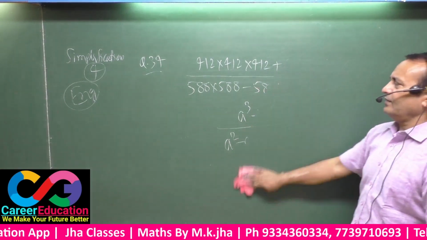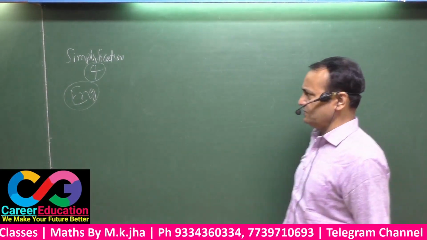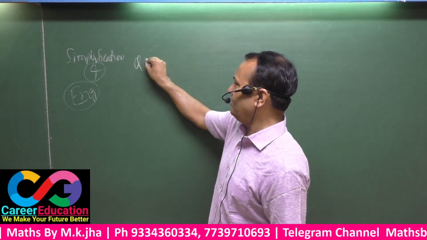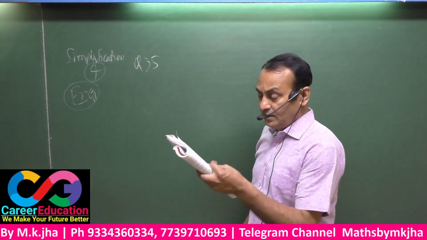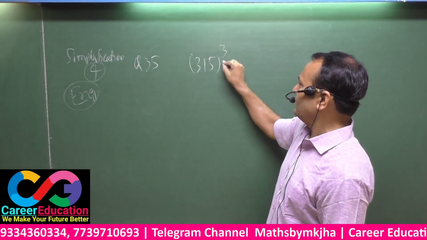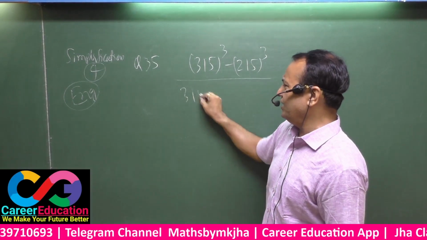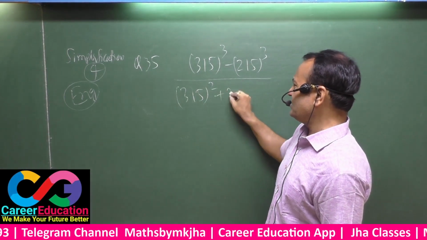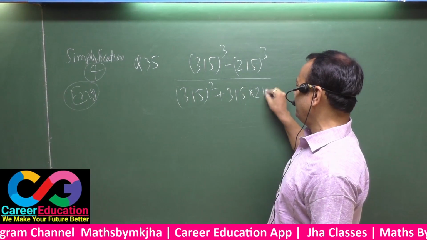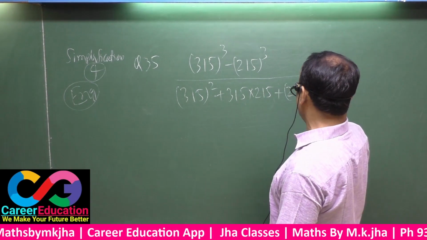Now, coming to question number 35. See, question 35: (315 whole cube minus 215 whole cube) upon (315 whole square plus 315 into 215 plus 215 whole square). Now you have to find the value of this.